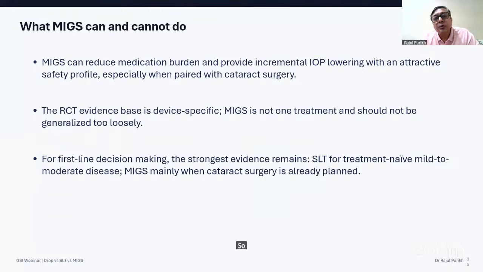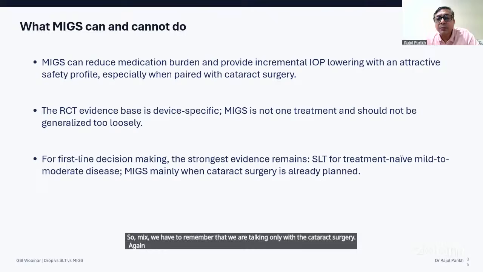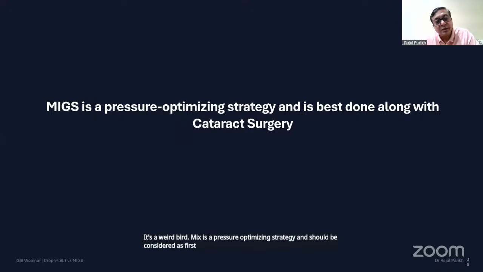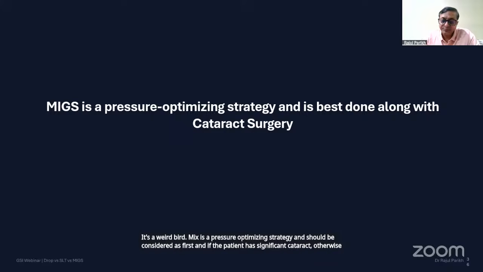So with MIGS, we have to remember that we are talking only about combination with cataract surgery. There are multiple MIGS procedures, and every procedure has different IOP reductions. But MIGS is a pressure optimizing strategy and should be considered first if the patient has a significant cataract; otherwise I would not consider it.